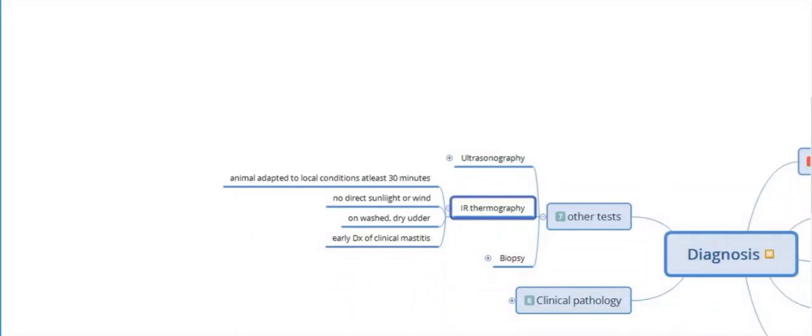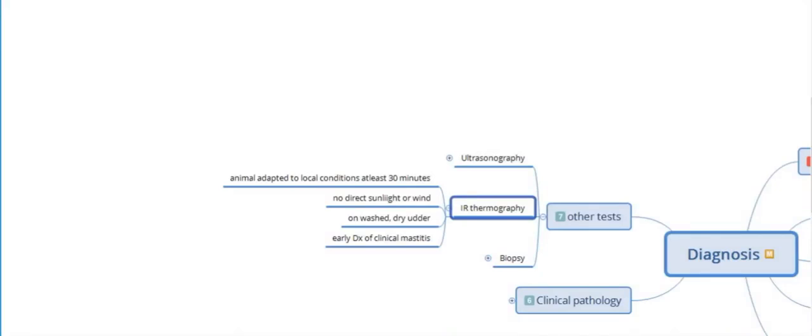You can also go for infrared thermography. You take an infrared camera, take a picture, and you can estimate the temperature. But for that, certain environmental conditions have to be maintained: there should not be direct sunlight, there should not be wind, the udder should be washed and dry, and if there is dung pasted on the surface of the udder, then you won't be able to estimate.